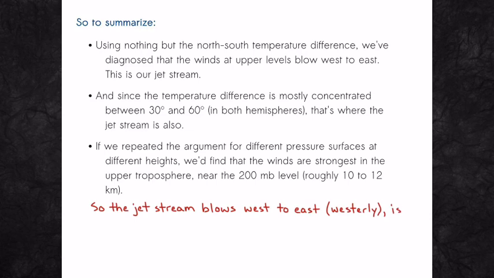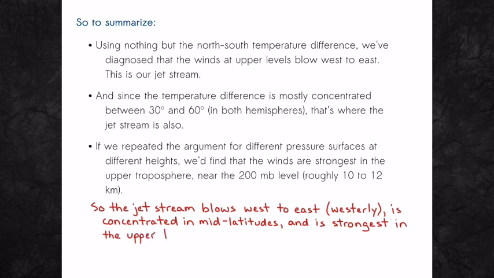We showed that it's concentrated in mid-latitudes because that's where the temperature contrast is concentrated. And that it's strongest in the upper troposphere. Those are the three properties of the jet to keep in mind: that it's westerly, it's in mid-latitudes, and in the upper troposphere.